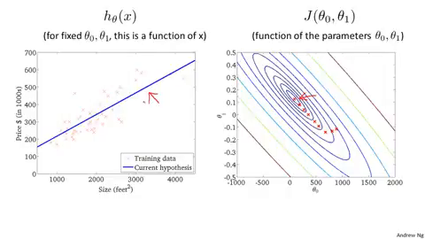So that's gradient descent, and we've just run it and gotten a good fit to my data set of housing prices. You can now use it to predict, if your friend has a house of size 1250 square feet, you can read off the value and tell them that maybe they can get $250,000 for their house.